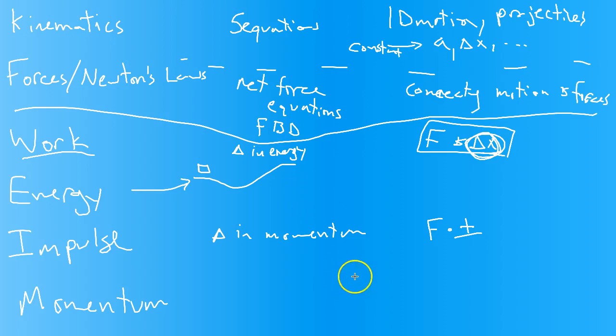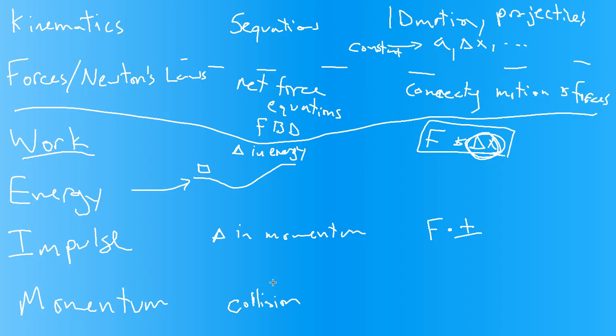Okay? And then finally, momentum is for collisions. Anytime you have a collision, that's where you should think momentum. That's really where momentum is most relevant. You might see some situations where momentum comes up that's not a collision.